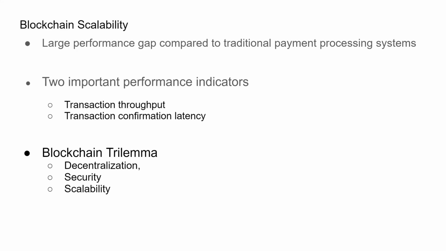Two important features to measure the performance of blockchain systems are transaction throughput and transaction confirmation latency. Transaction throughput is the amount of time and block size required to determine a set of transactions. Depending on the categories of blockchain, as the number of transactions increases, the block size will also increase, and more computing resources will be required.